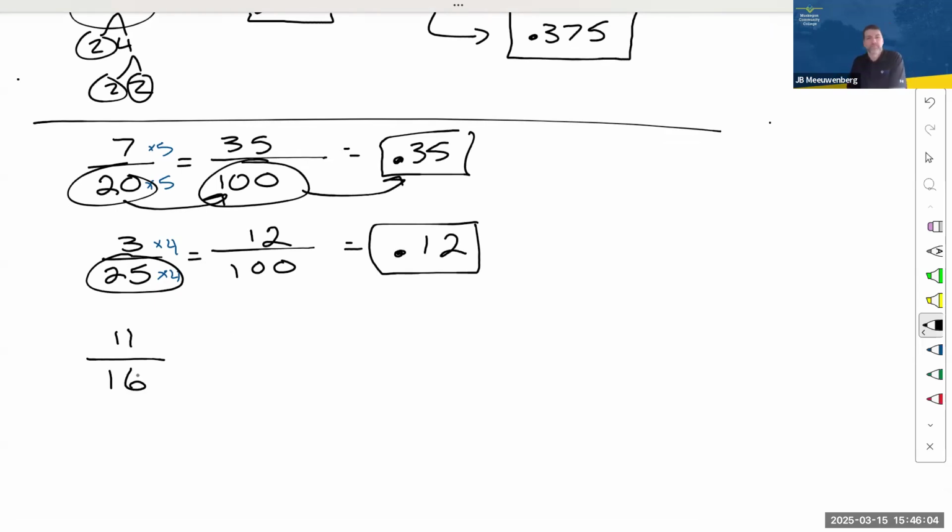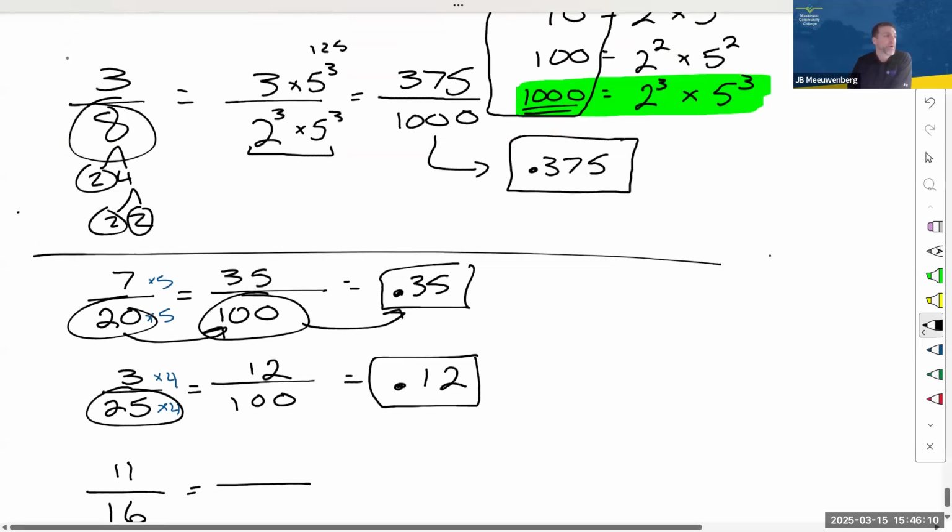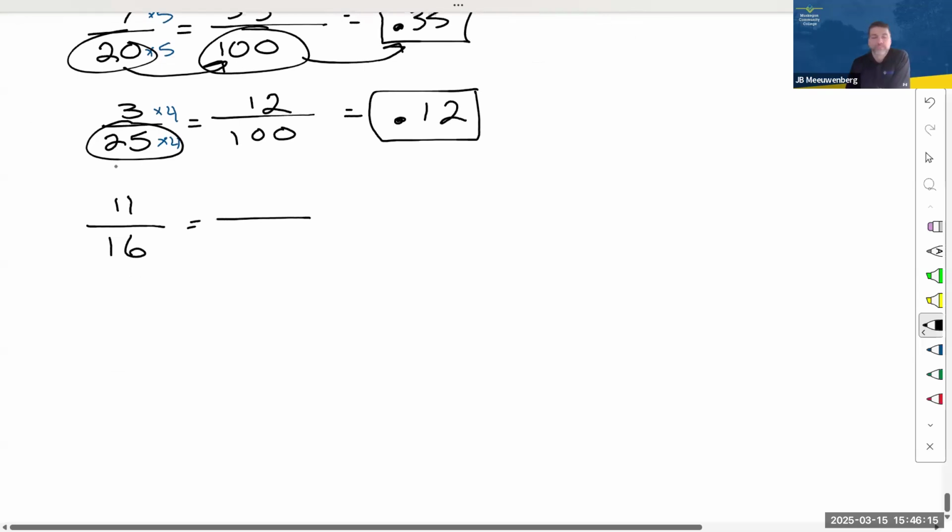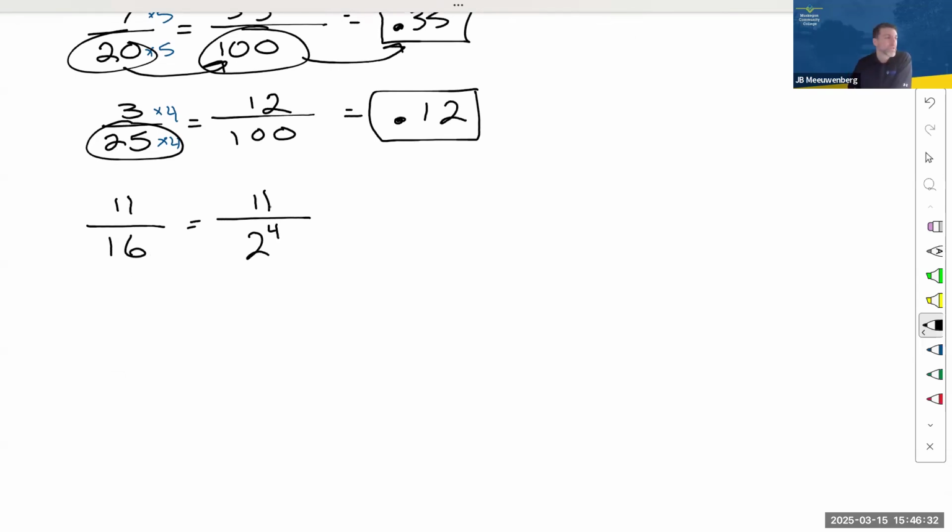11 over 16. And so this might take what we did earlier on this problem with the 3/8. If you can't immediately tell how to change the denominator into a power of 10, then you might want to try factoring it. If we factor the number 16, you will find through that process that it's equal to 2 to the 4th.